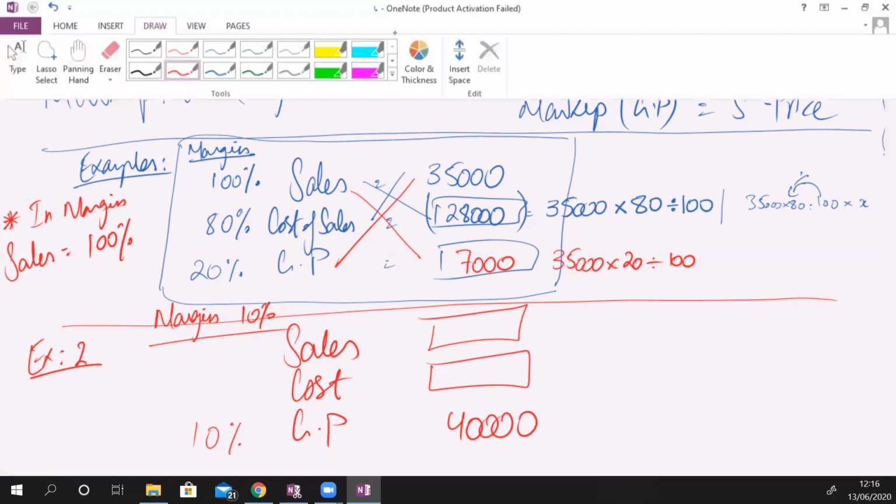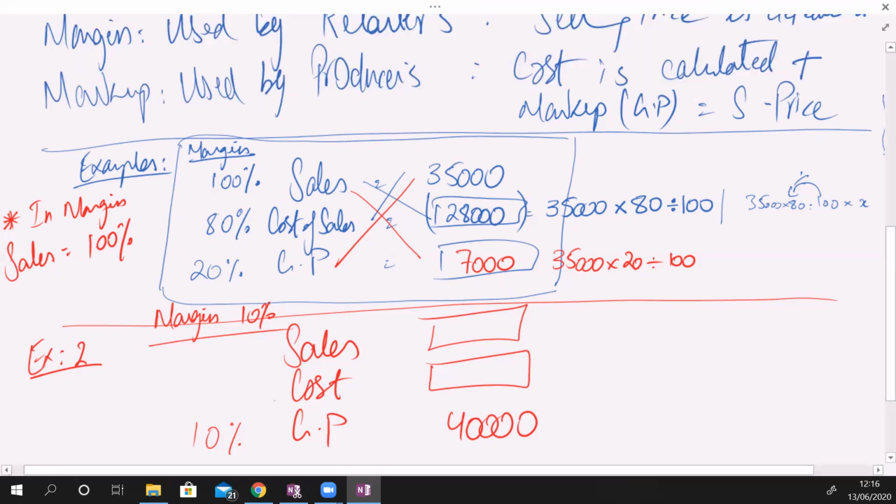So it is margin. Margin would mean that GP is 10%. Margin means that sales is 100% and cost is how much? 90%. Now, using these percentages, can you calculate cost?